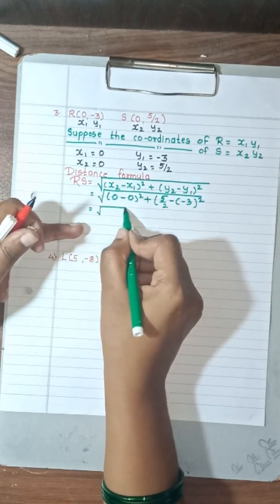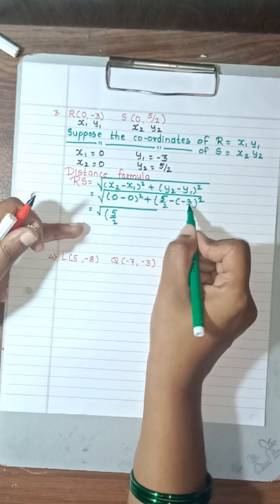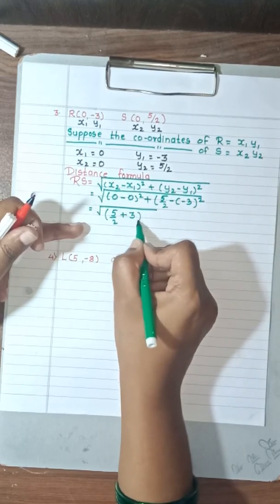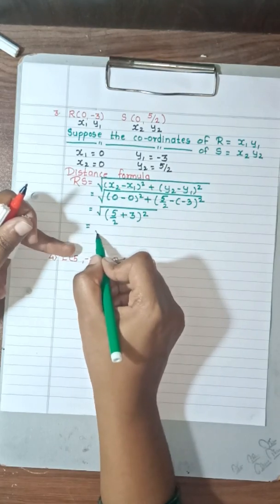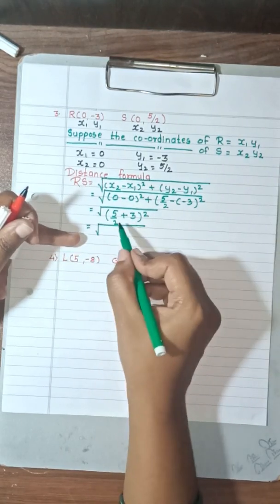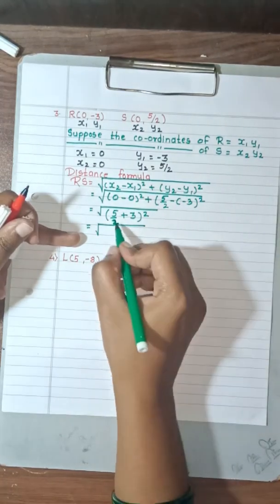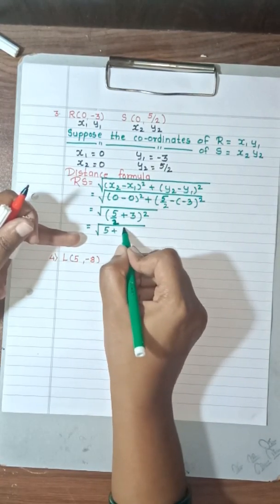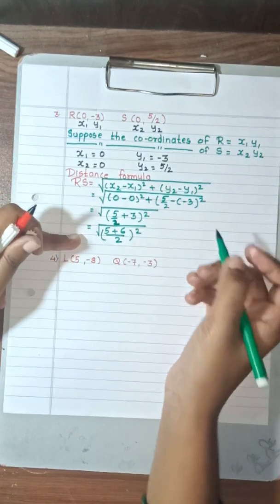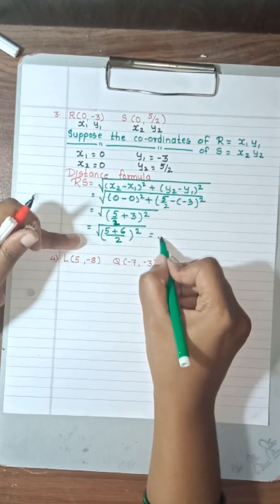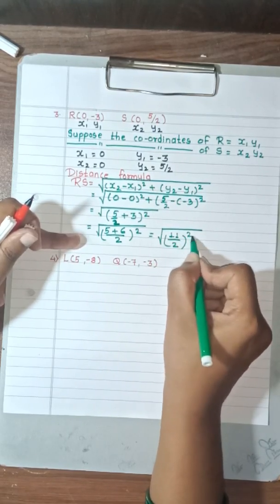Therefore you have here 5 upon 2 minus will become plus 3, bracket square. Okay, therefore you have under root of... now what we'll do, we'll multiply by this 2 to 3. Here we have 2. So (5 plus 6) upon 2 bracket square. Okay, that will be equal to under root of (11 upon 2) bracket square.